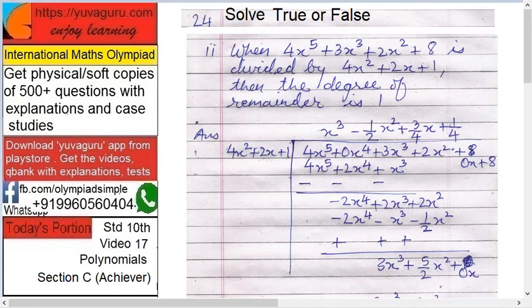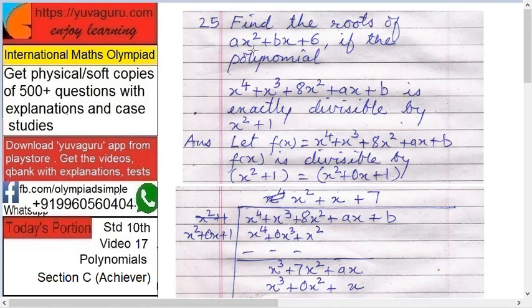Okay. Find the roots of ax square plus bx plus 6 if the polynomial x raised to 4 plus x cube plus 8x square plus ax plus b is exactly divisible by x square plus 1. See the target, what have you to do?